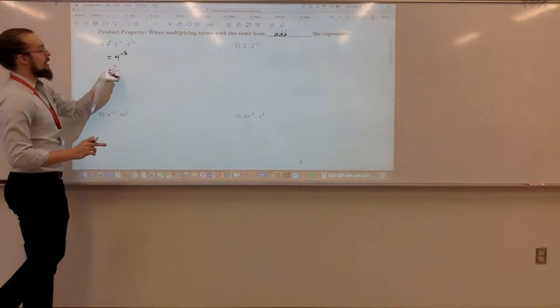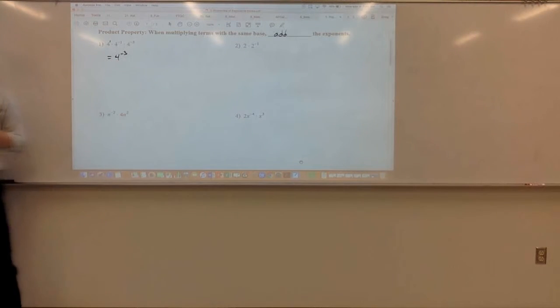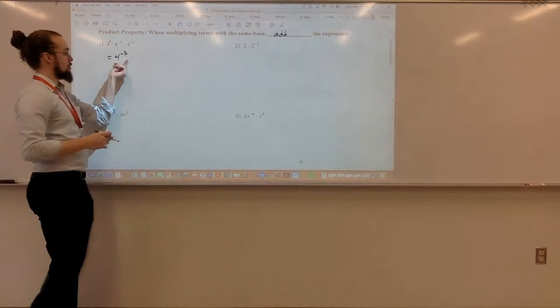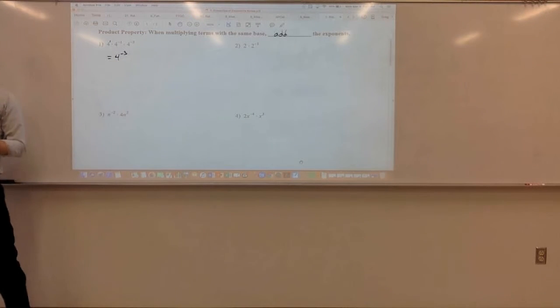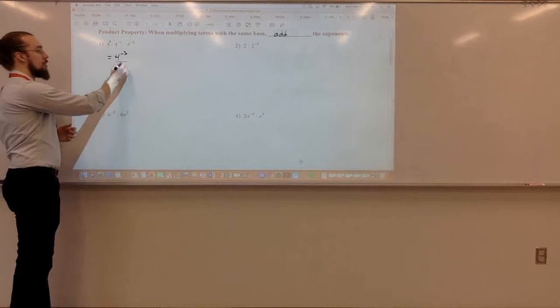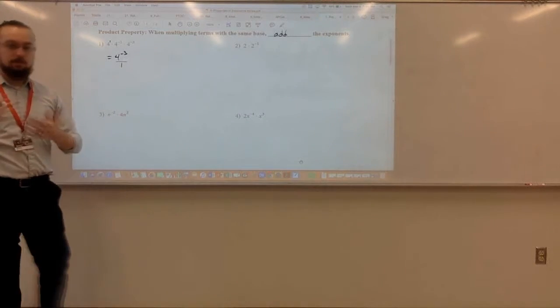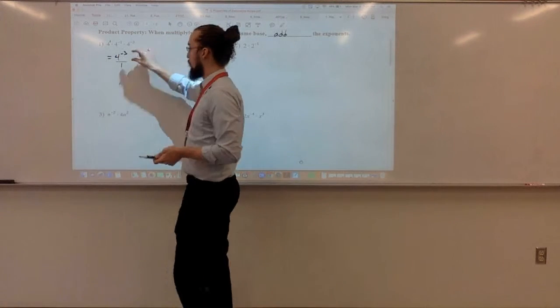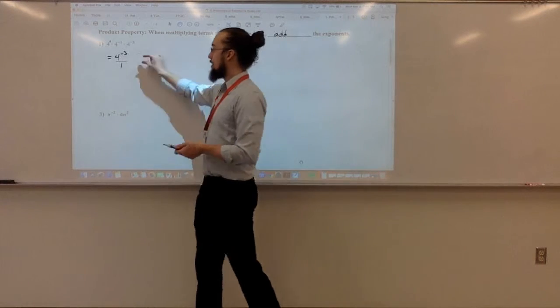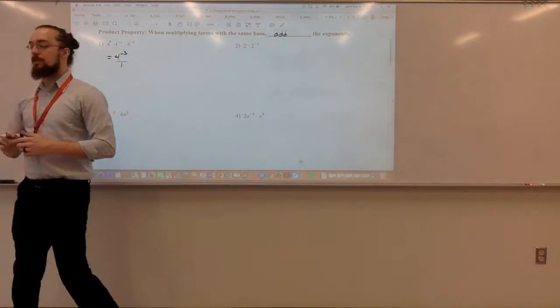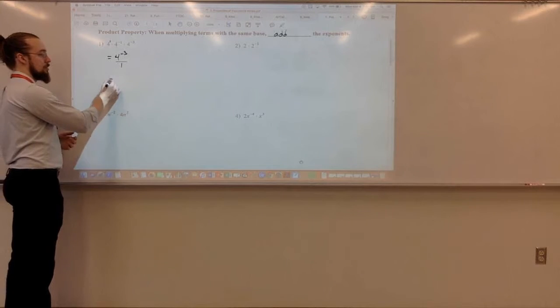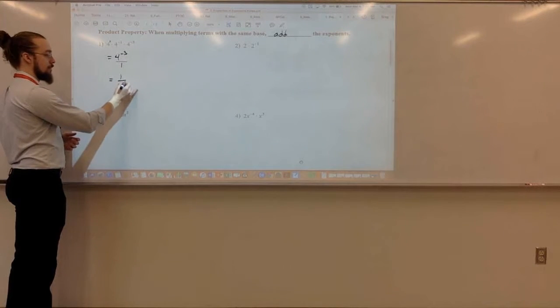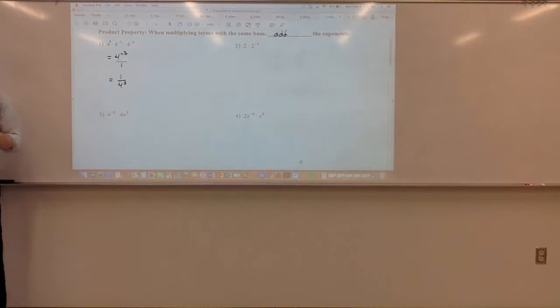Whenever I have a negative exponent, in this case this is in the numerator, I can put this over 1 and say that this is a fraction, with 4 to the negative third in the numerator. I can take this to the denominator and make it a positive exponent. So I can say 4 to the negative third power is the same as 1 over 4 to the positive third power.